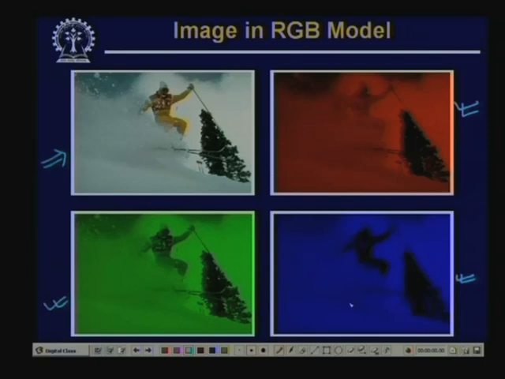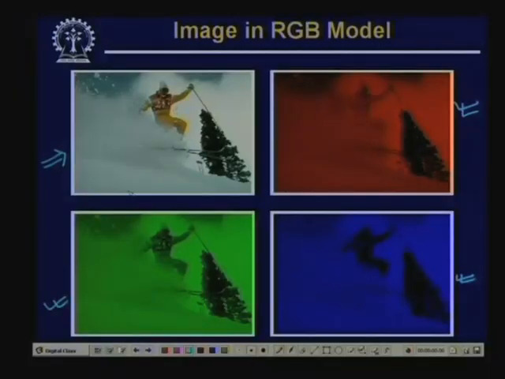When these 3 dots are activated together with different intensities, that gives you different color sensations. So, for any color image like this, we will have 3 different planes, one corresponding to the red component, one to the green component and one to the blue component.